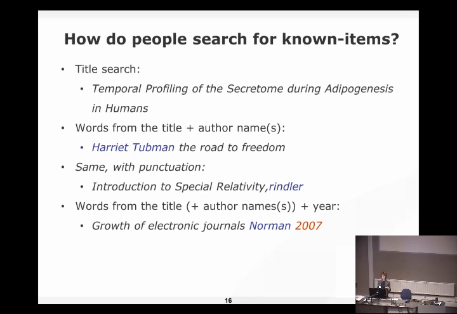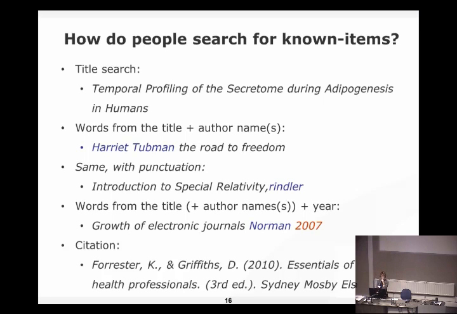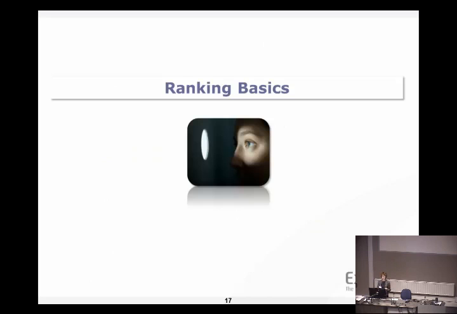Sometimes they combine title, author, and some words from the title, author, and year, and any combination of these. And we see now, recently, that people started just pasting citations. Recently, I don't mean the last week, but in the last years. We just copy and paste the whole citation. So we need to address these.